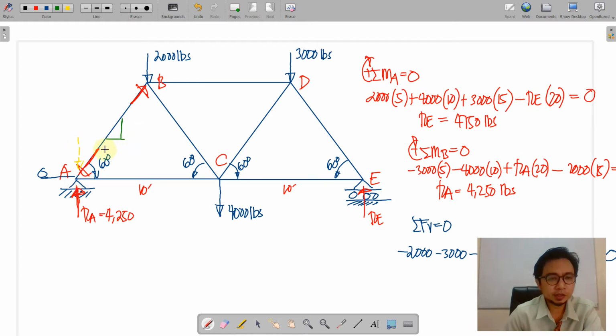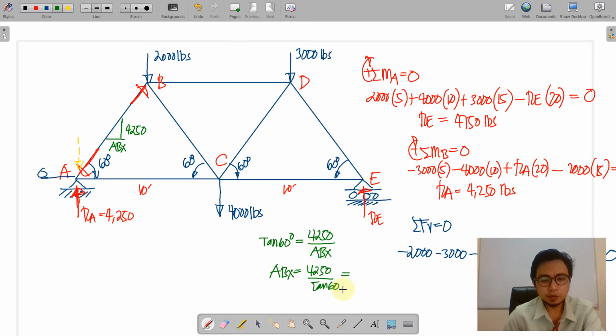Why? Because again, RA should be countered by the vertical component of AB. So by the force triangle, we have a vertical 4,250 and the horizontal component for AB, that is ABX. We can obtain ABX by the tangent function. Tangent 60 degrees is equal to the opposite, 4,250, all over ABX. Therefore, ABX is 4,250 all over tangent 60.